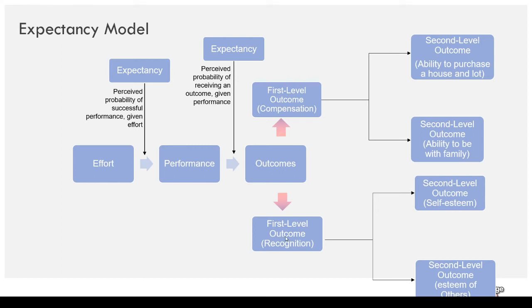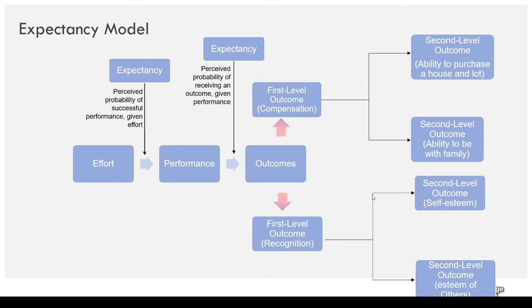So the second example of the first level outcome is recognition. When recognition occurs from an outcome, it can also be classified into two valences, the positive one and the negative one. When it is positive, the second level outcome is a boosted self-esteem of an individual.